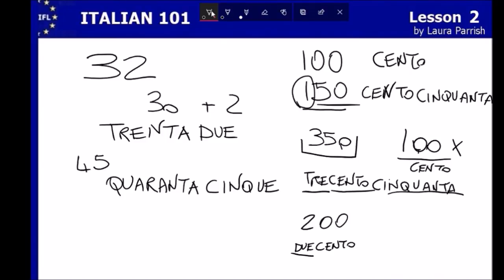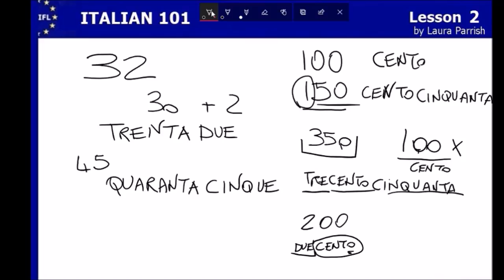Of course, you put the 2 in front, but you don't make the last part plural. Different from English, where you make it plural.